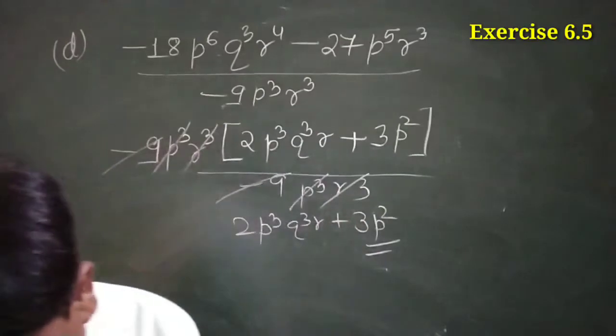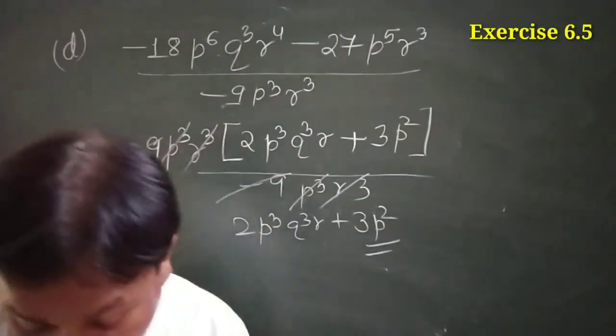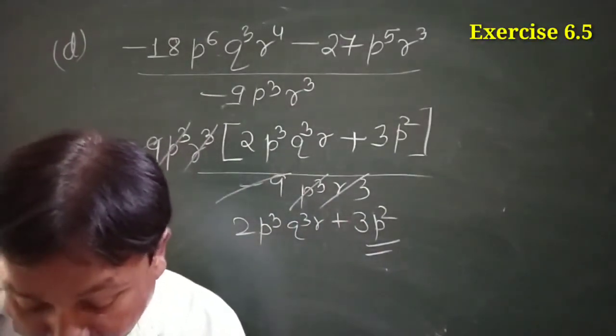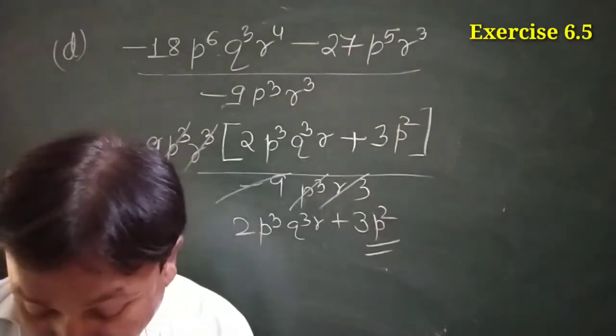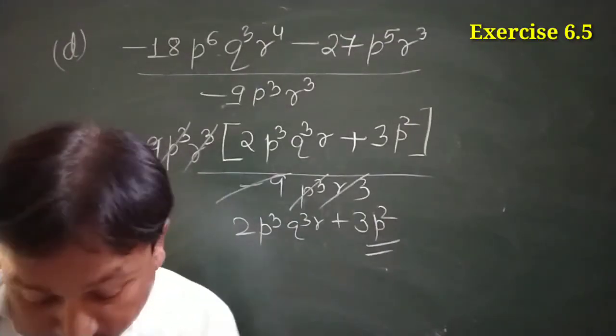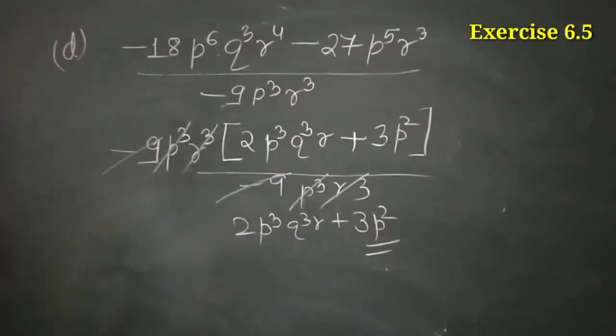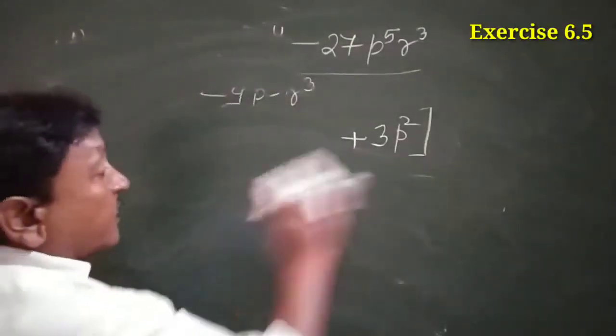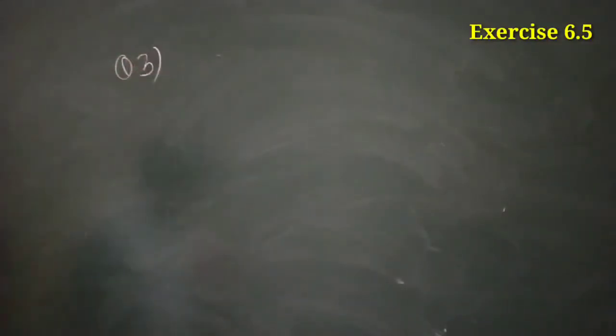I am just explaining question number 3. In question 3 it is saying if 6x square copies weigh this much, find the weight of one copy. It means we have to do the division, okay?